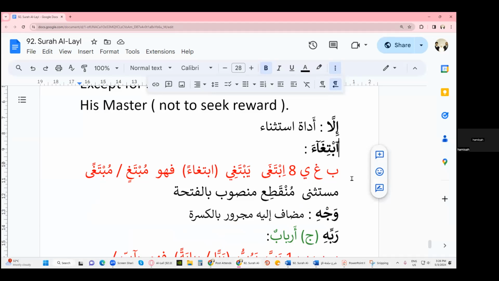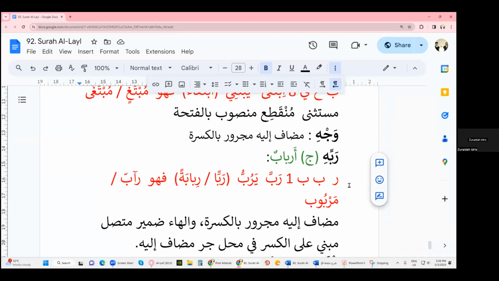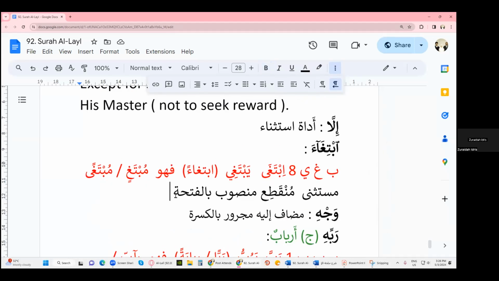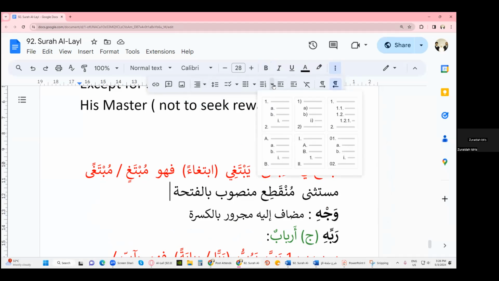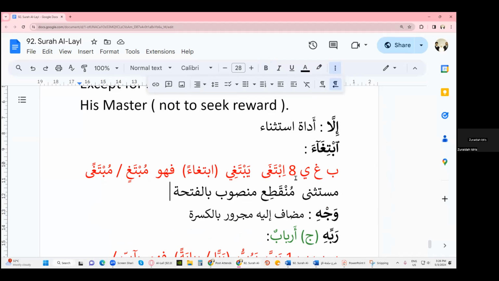Maf'ul lahu. Yes, Alhamdulillah. So what's another name for maf'ul lahu? Li ajlihi. Okay, Alhamdulillah. So that's the second option, depending on how you want to form the sentence. This is the first option.